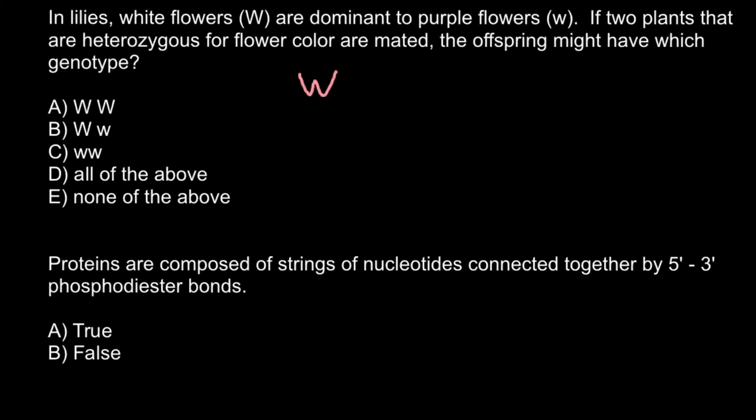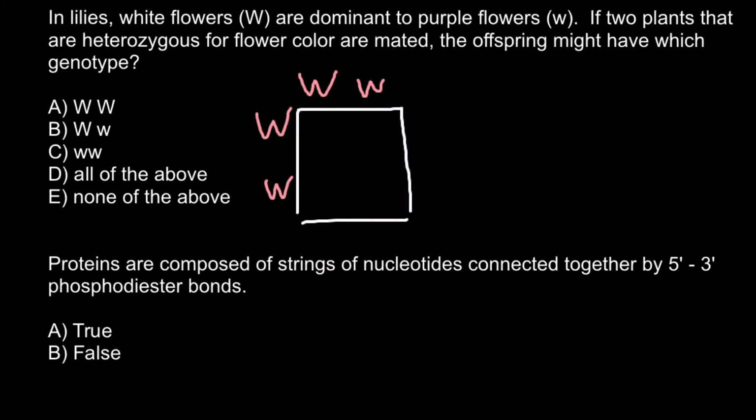So here we would have the genotype of one parent, that is capital W and small w, and capital W and small w on the other side, the genotype of the second parent. When we build a Punnett square, we can see all the possible genotypes that these two parents can produce.